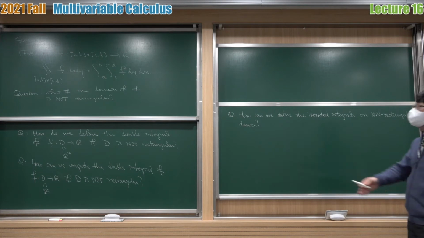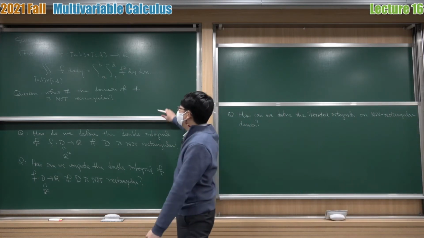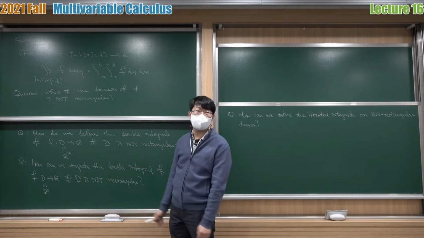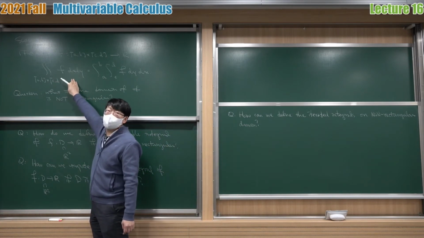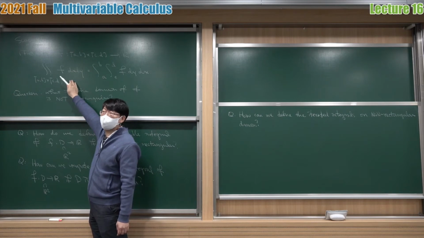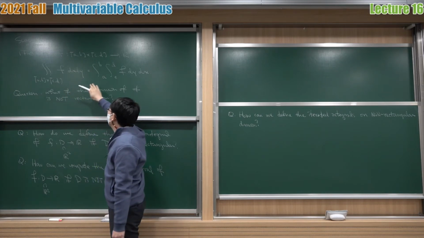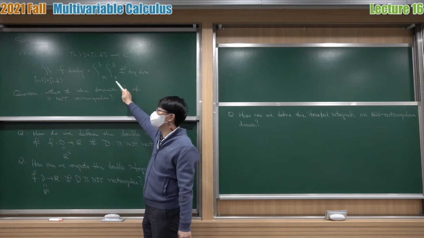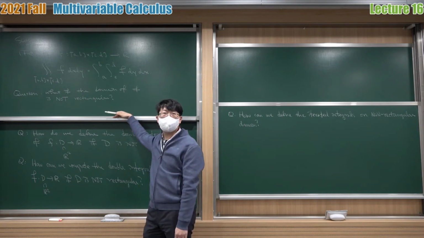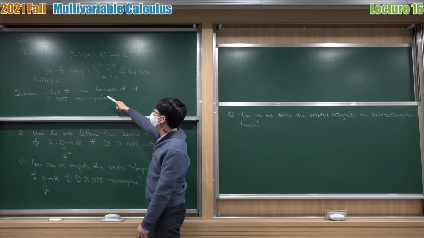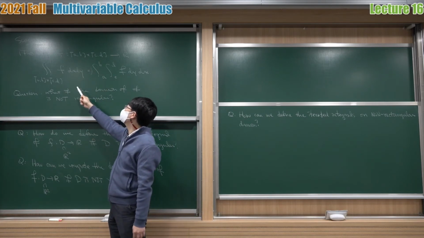Okay, so you want to ask about what happens when you change to a non-rectangular domain. You searched for how to think about this concept, and next is what? Are they equal or not? How can you compute, how can you show the equality here?